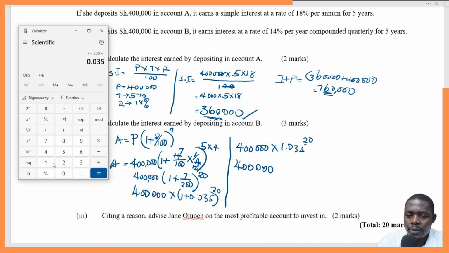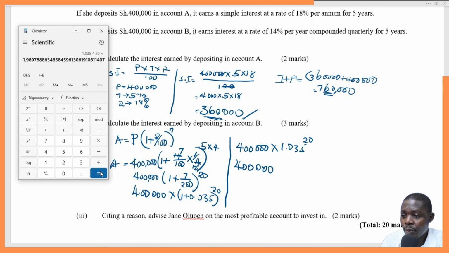It is 1.035 raised to power 20. You get something to do with a 1 point.